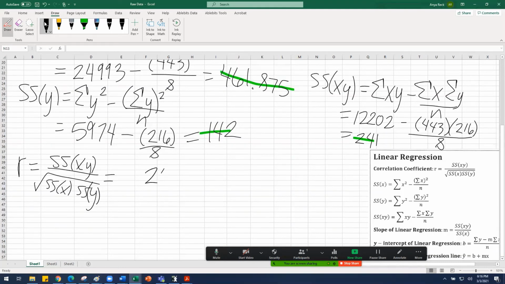So that's 241 over the square root of 461.875 times 142. Put this in your calculator.